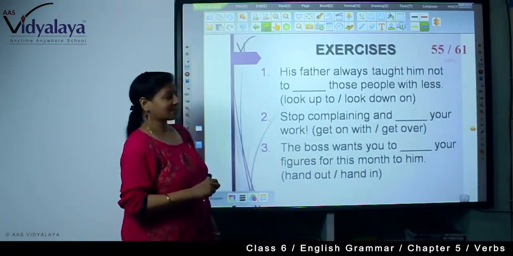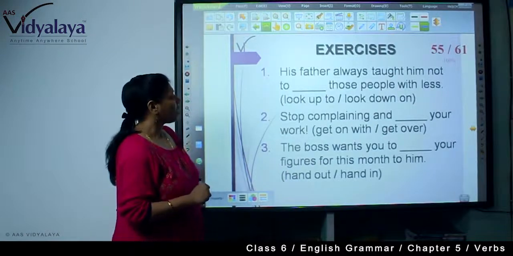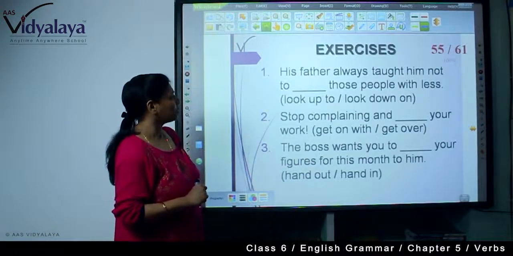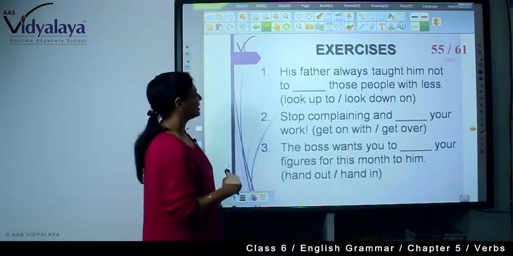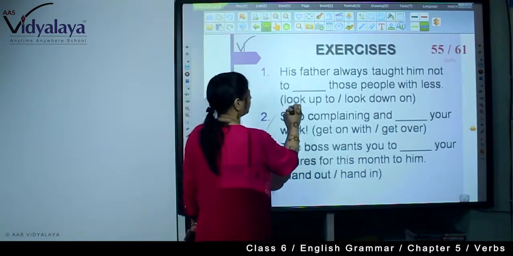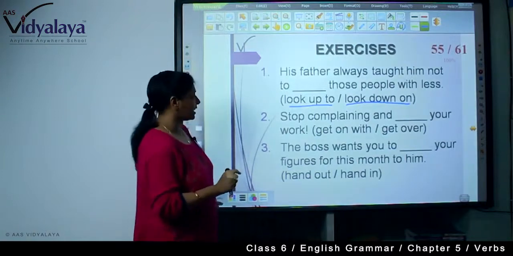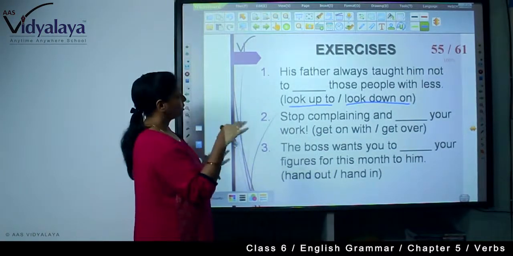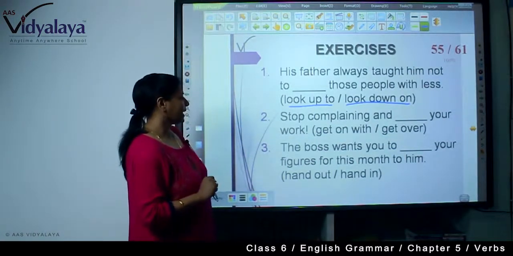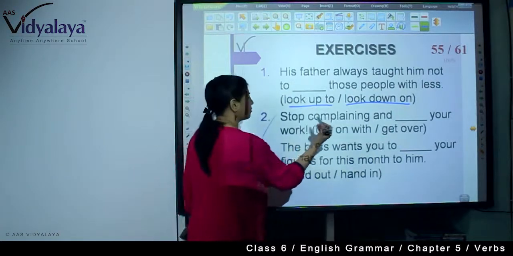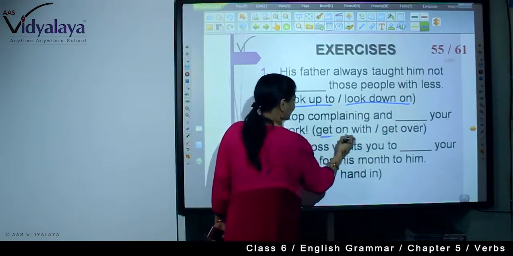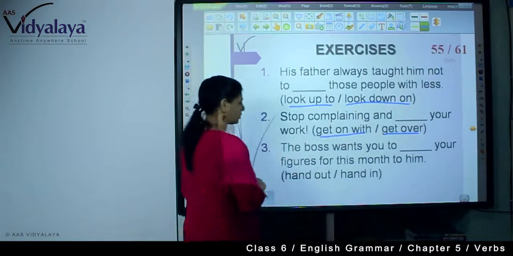Now, some exercises I have put. His father always taught him not to look up to or look down on those people with less. Now, there are two options: look up to, look down on. The answer is always here, but you will have to go through the exercise. Stop complaining and get on with or get over your work.